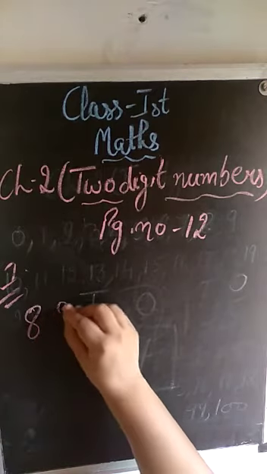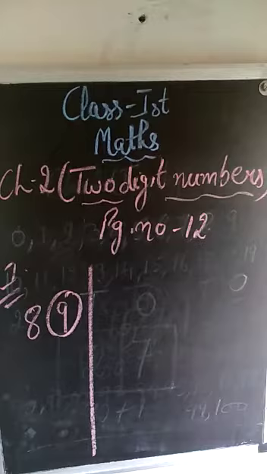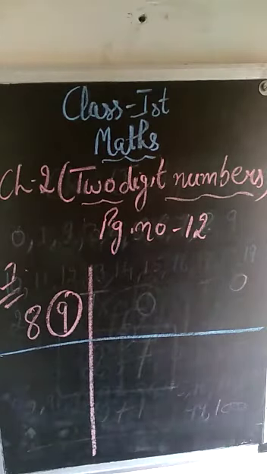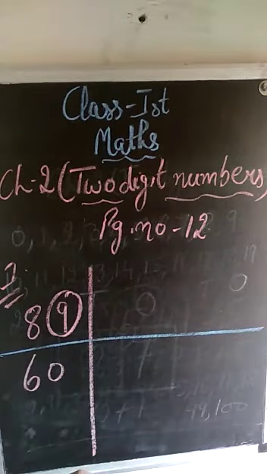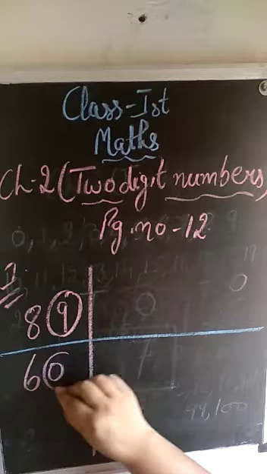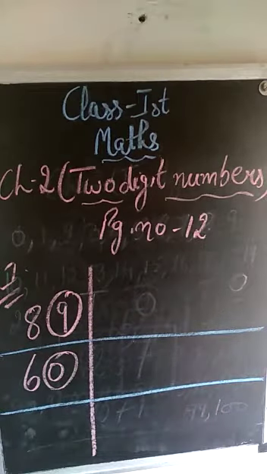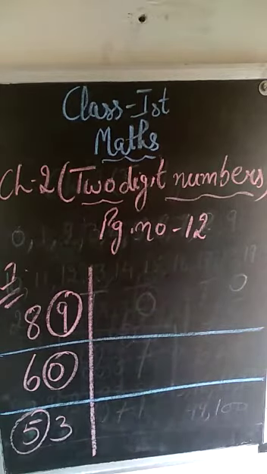Here they have given 89 and the 9 is circled. Next is 60 and the 0 is circled, and the next one is 53 and the 5 is circled.